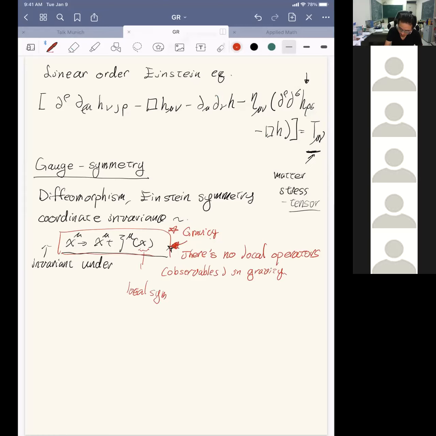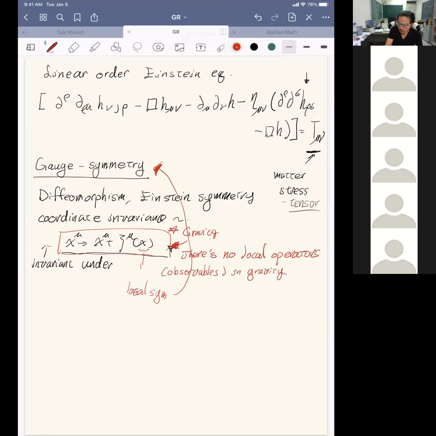Or in other words, it's a gauge symmetry. If it's a gauge symmetry, then that means that it's not physical. So the only thing that is physical that we can discuss rigorously is gauge invariant objects or coordinate invariant statements.